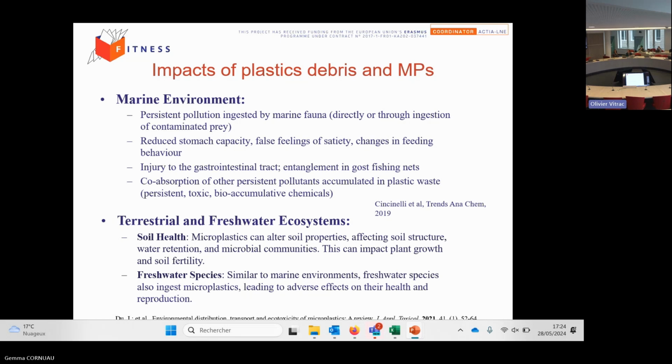And this can, in the end, impact plant growth and soil fertility. And for freshwater species, the problematics are similar to the marine environments. The ingestion of microplastics can lead to adverse effects on health and reproduction of this type of animals.